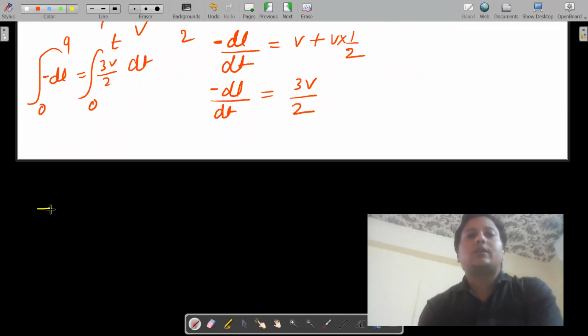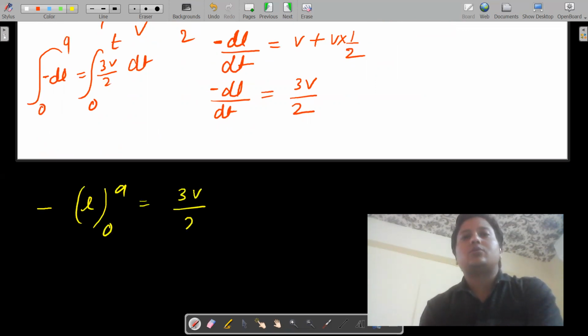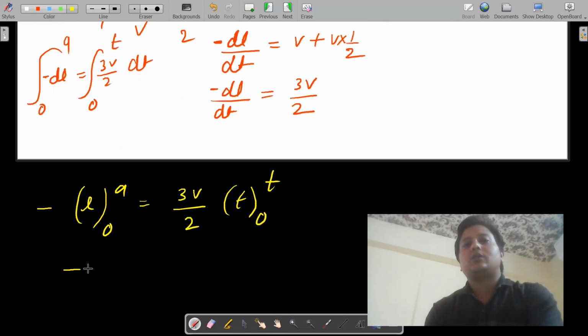We can now solve these terms as minus the integral of dl, with limit 0 to a, and 3v over 2 is a constant, the integral of dt is t, and putting the required limits we get minus a equals minus 3v over 2 into t.